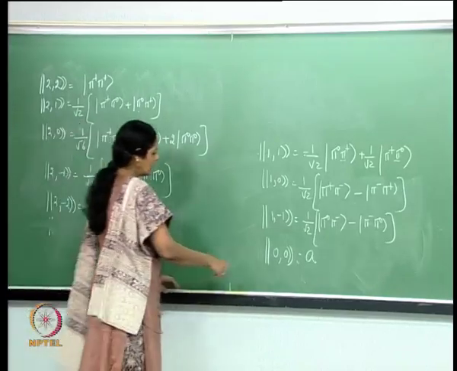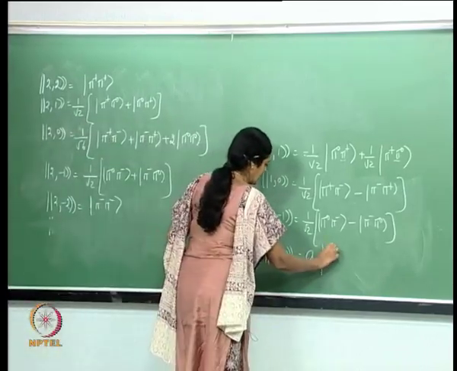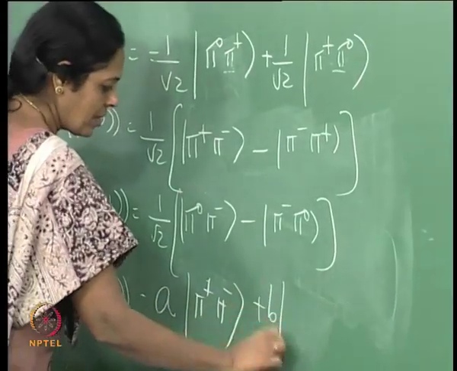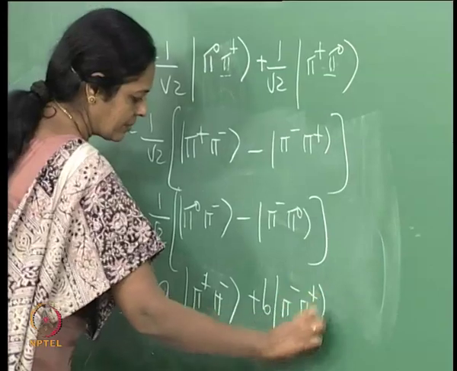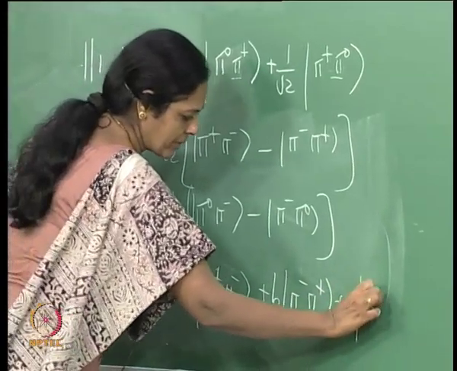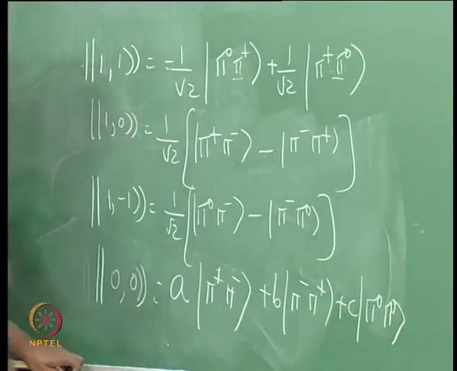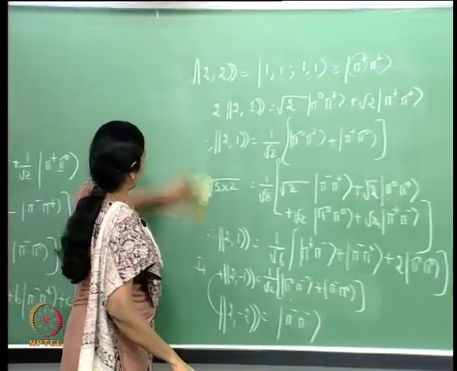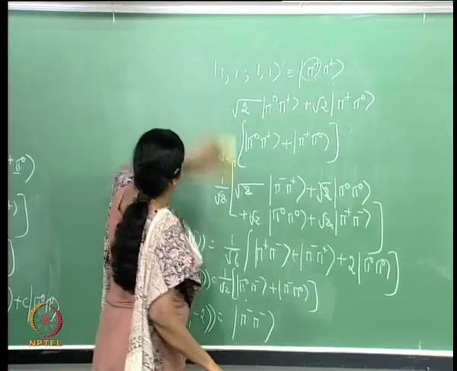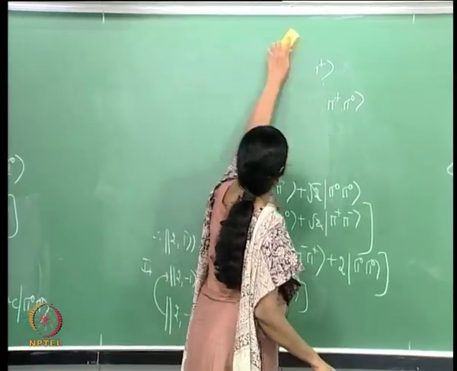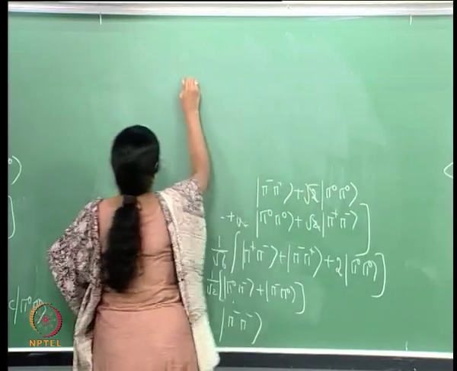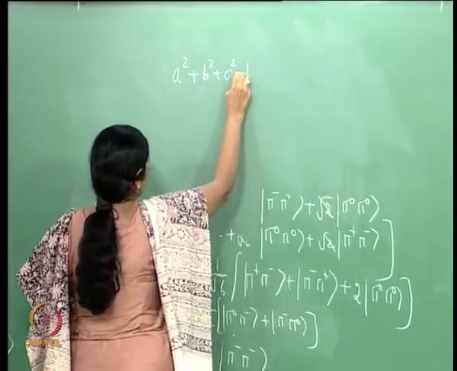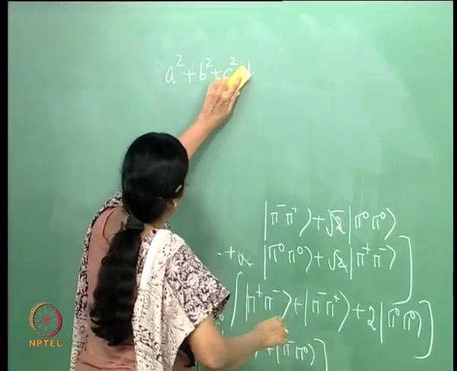So basically I can write this as A times pi plus pi minus plus B pi minus pi plus C pi naught. I have 3 unknowns and I can determine them using the fact that A squared plus B squared plus C squared equals 1. That is the first thing.